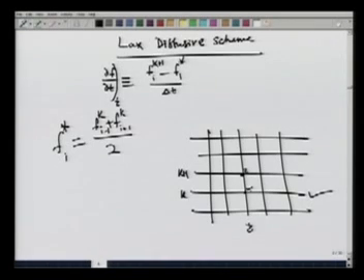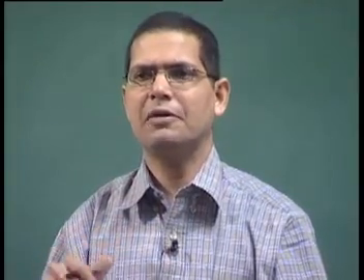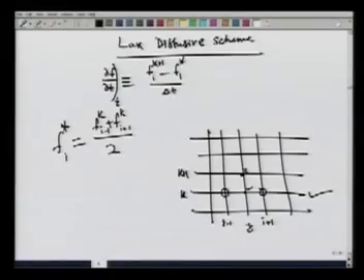That means, f I star here will be the average of these two values. This is I minus 1, this is I plus 1. In case of a two-dimensional problem, this should be made the average of all 4 neighborhoods. However, this is a one-dimensional problem and we are writing this star parameter with 2 neighborhood parameters.